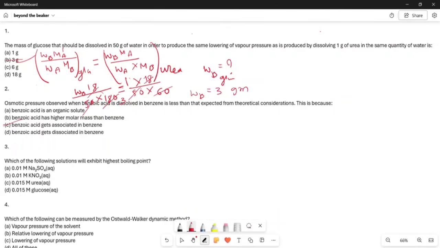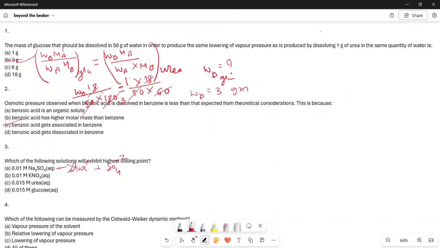See here, elevation in boiling point depends on the number of solute particles. Here Na2SO4 undergoes ionization to give 2 Na plus and SO4 minus 2.